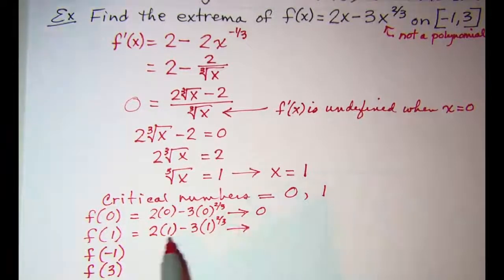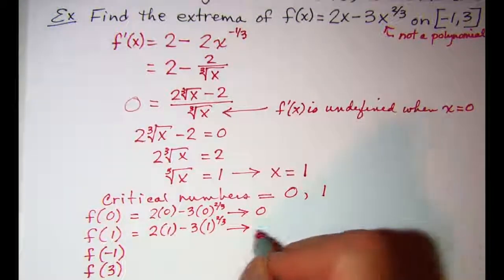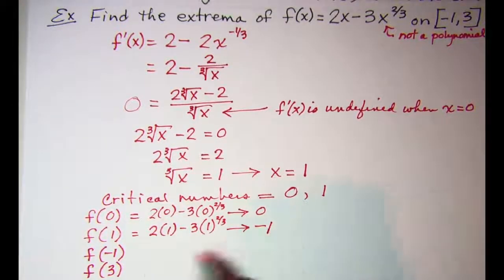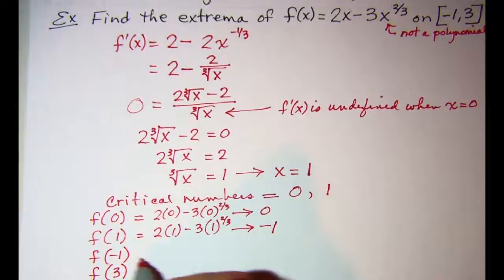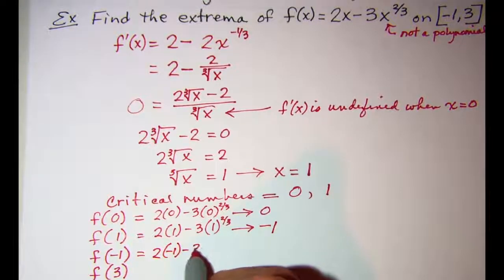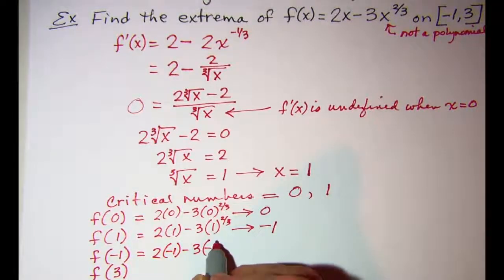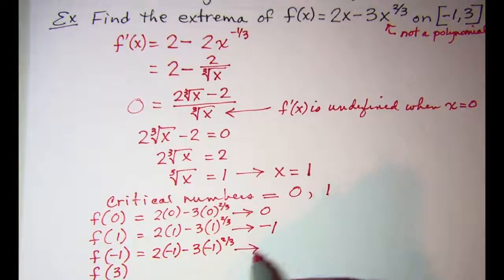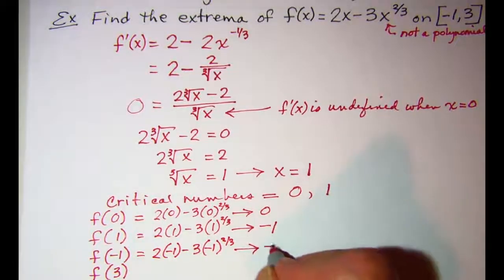And that is 2 minus 3 is -1. F of -1 will be 2 times -1 minus 3 times -1 to the 2/3. And this will be -2 minus 3, which is -5.